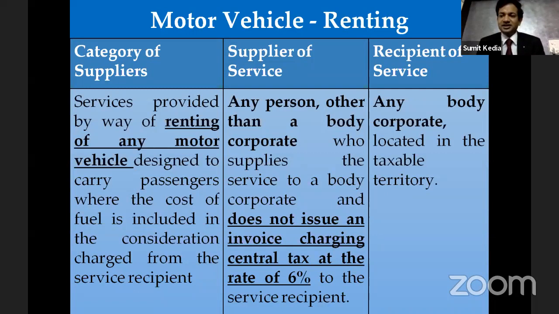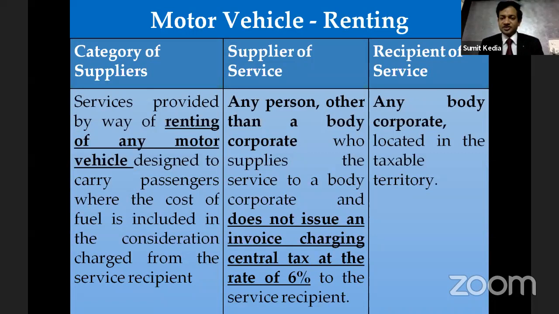Motor vehicle is defined in the Motor Vehicles Act. We already discussed this in detail on our day 3 discussion when we spoke about block credit under the input tax credit chapter. So any motor vehicle designed to carry passengers where the cost of the fuel is included in the consideration charged. So it says renting of any motor vehicle designed to carry passengers.